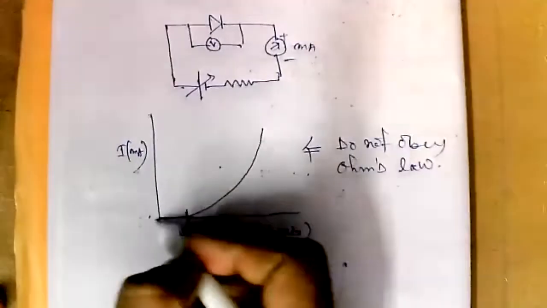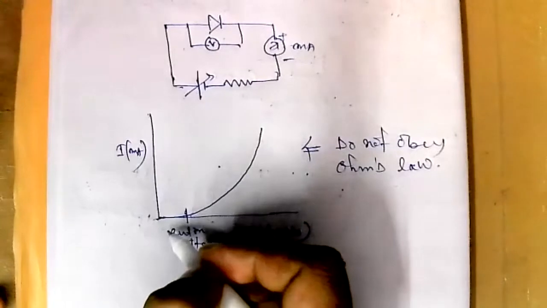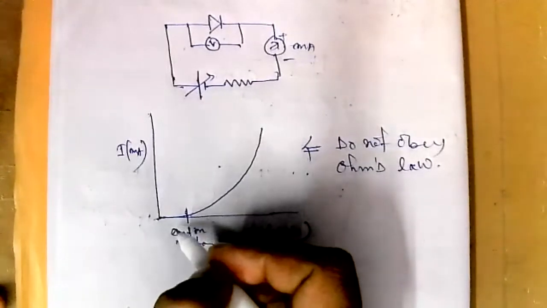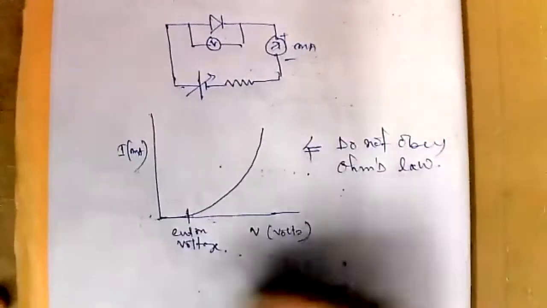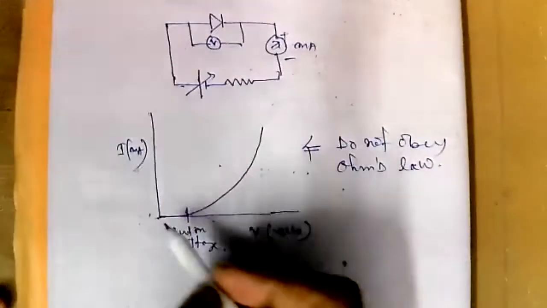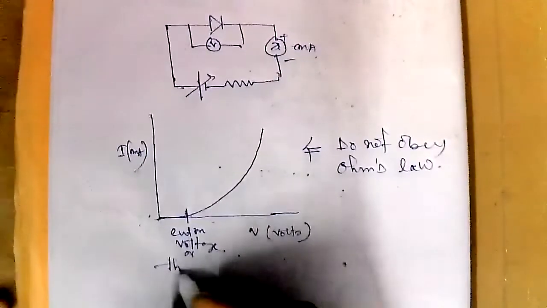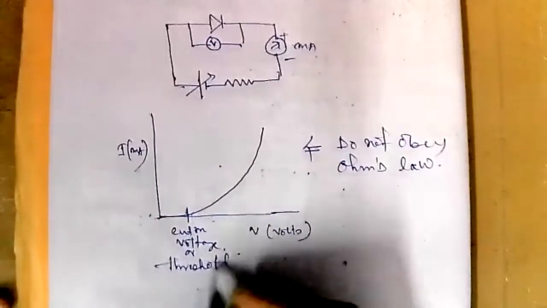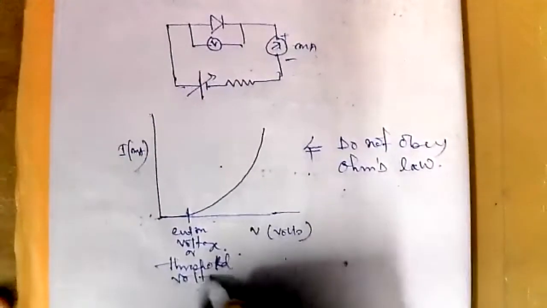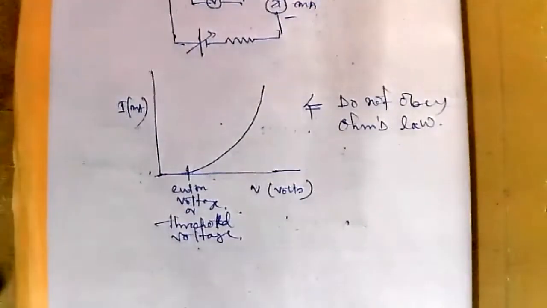Initially, the current increases very slowly, almost negligibly, till the voltage across the diode crosses a certain voltage, which is called the threshold voltage or the cut-in voltage. Okay. So up to the threshold voltage or cut-in voltage, the increase in the current is very low.